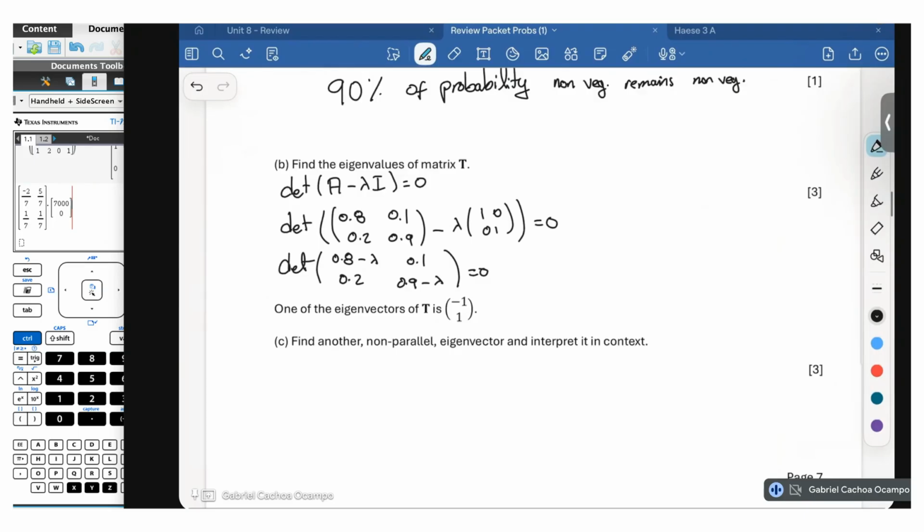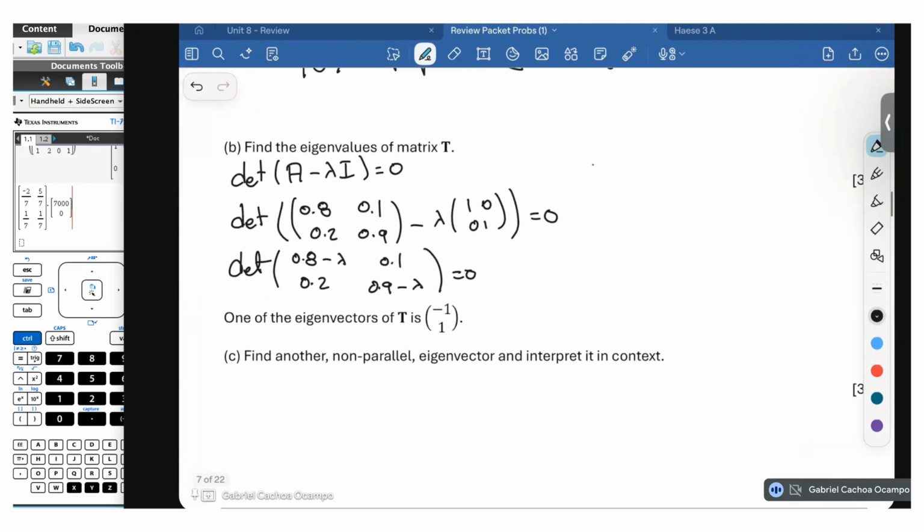Then remember the determinant formula: you only have to do 0.8 minus lambda times 0.9 minus lambda minus 0.1 times 0.2 equals 0.